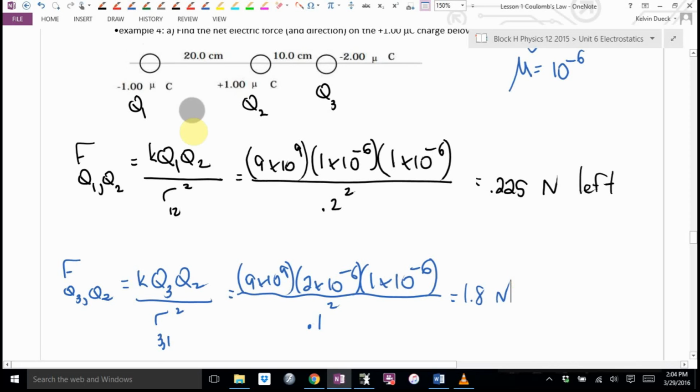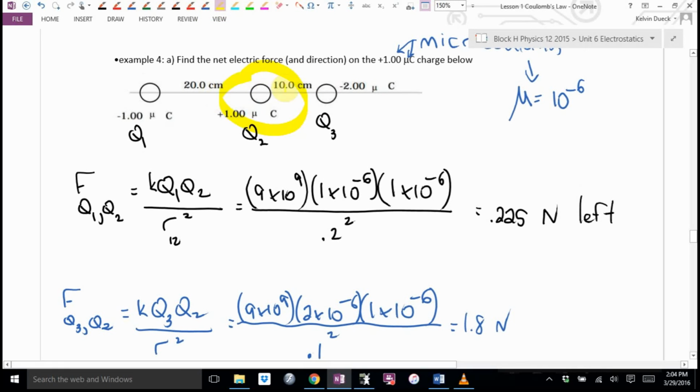Direction, again, which way is charge 2 feeling a force because of charge 3? To the left or to the right? Because they're unlike, so attract. Dustin, you okay with that? Hey, how would I add 1.8 to the right plus 2.25 to the left? Minus, yeah.